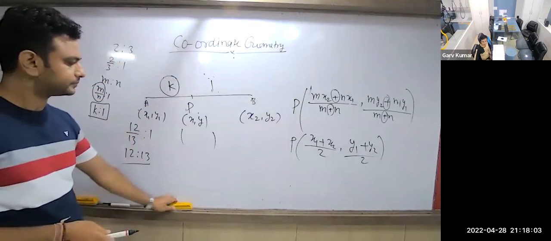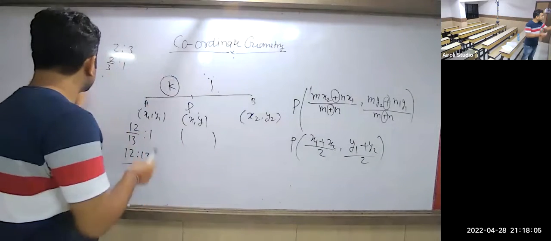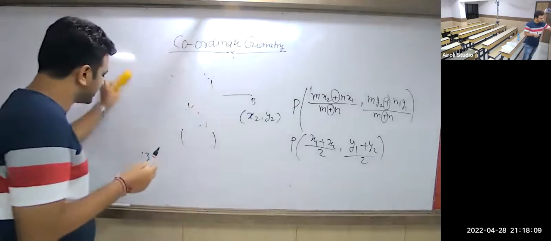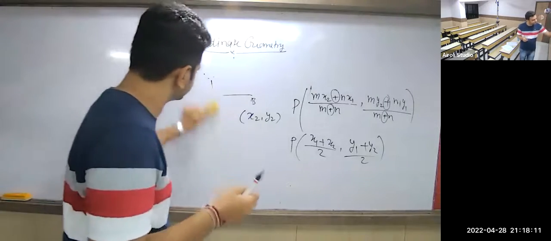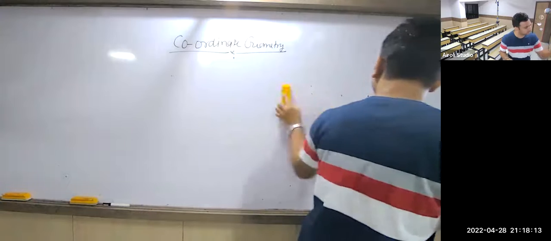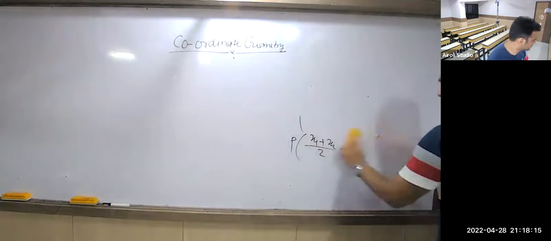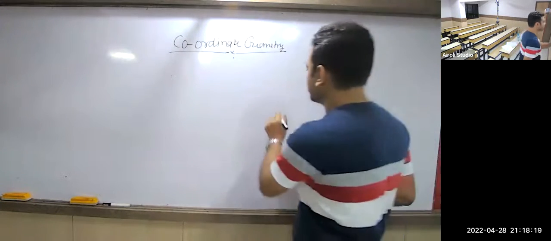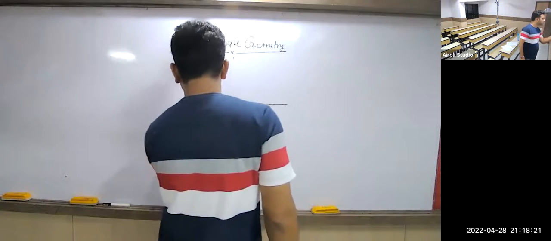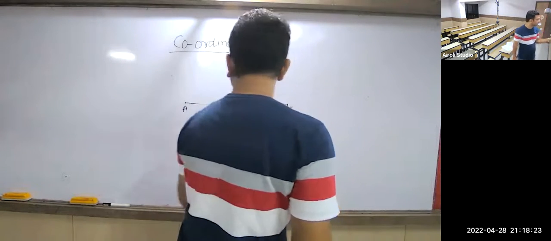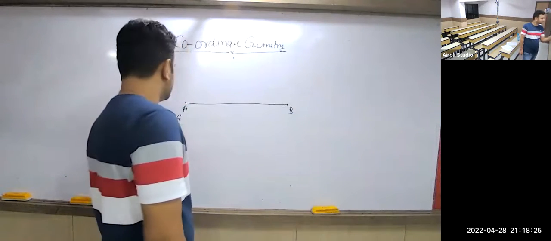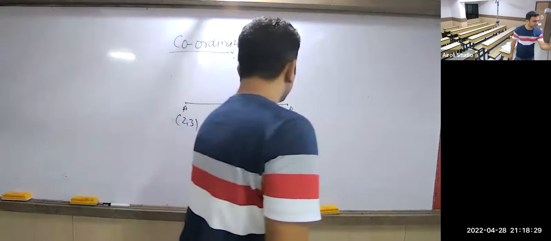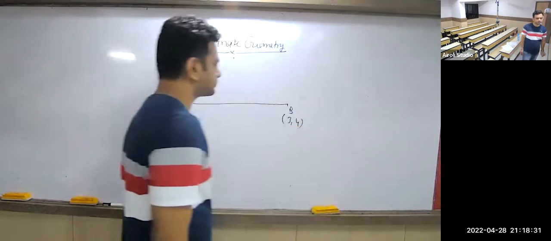Clear? So we'll discuss one question, not question, concept. Let's say I'm having one line segment AB, in which A and B coordinates are given. Let's say A's coordinate is (2, 3), I'm taking it as in general, and B is (3, 4).